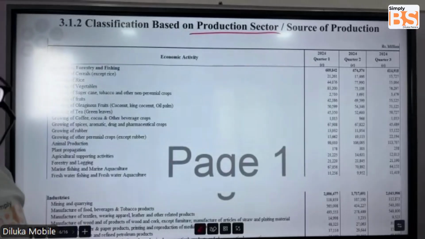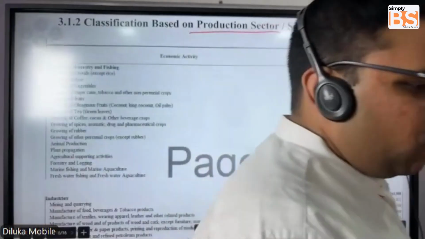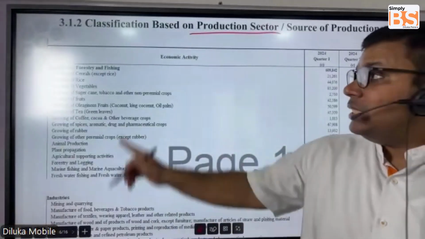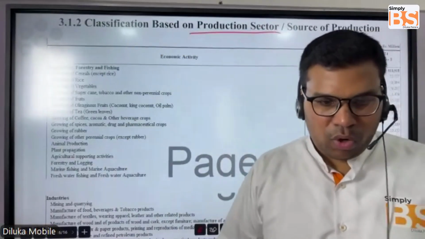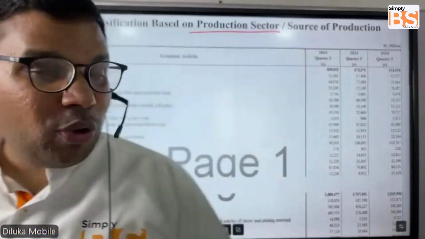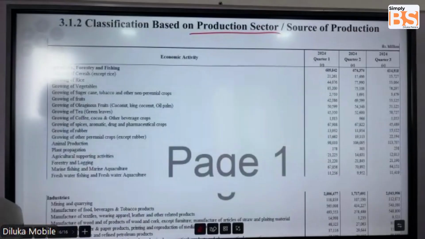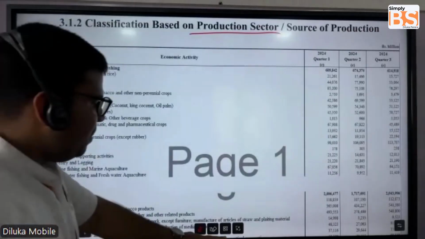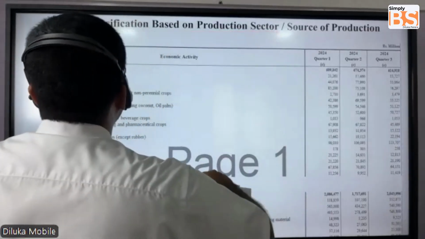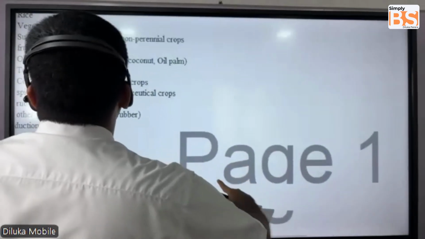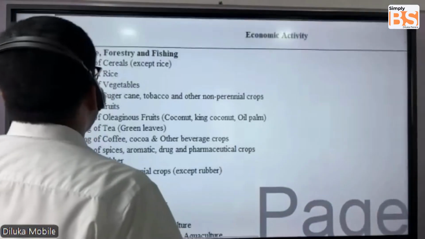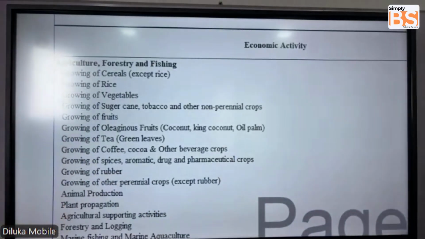Don't go and write primary, secondary, or tertiary. That's wrong. That is based on the nature. This is based on the sector. So based on the sector, students, you have agriculture, forestry, and fishing. Let me make it bigger. Can you see?